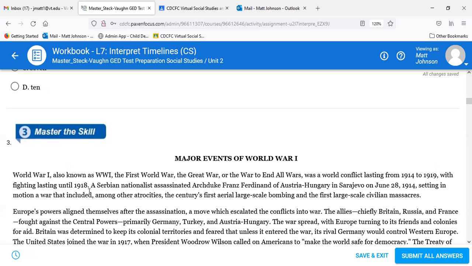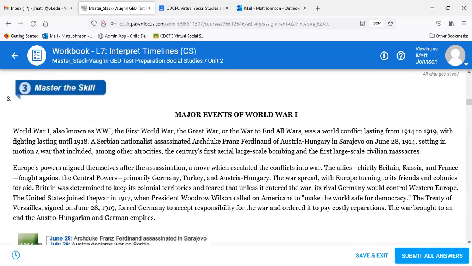A Serbian nationalist assassinated Archduke Franz Ferdinand of Austria-Hungary in Sarajevo on June 28, 1914, setting in motion a war that included, among other atrocities, the century's first aerial large-scale bombing and the first large-scale civilian massacres.